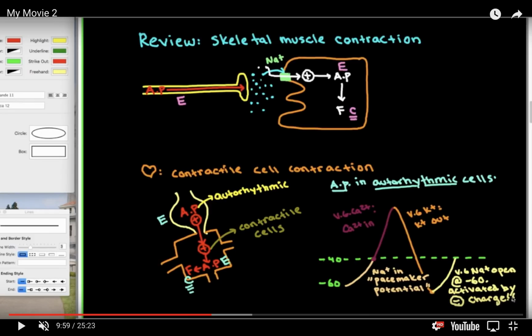And depending on how quickly they generate the action potential or how slowly, that's going to set the pace of the heart, the pace of excitation, and that's why we call this initial voltage-gated sodium opening the pacemaker potential. How quickly this happens is going to set the pace for contraction in the heart.